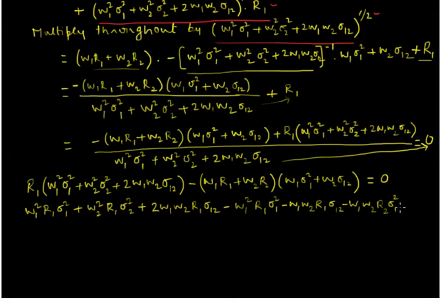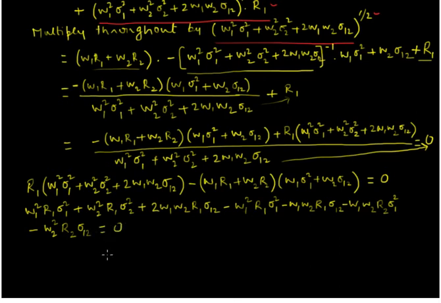One more term to write. We are running out of space here, so I'm going to write a minus here and write out the last term, which is going to be this multiplied with this here. This is going to give us W2 times W2 is W2 squared times R2 times covariance between 1 and 2, and this all is equal to 0.